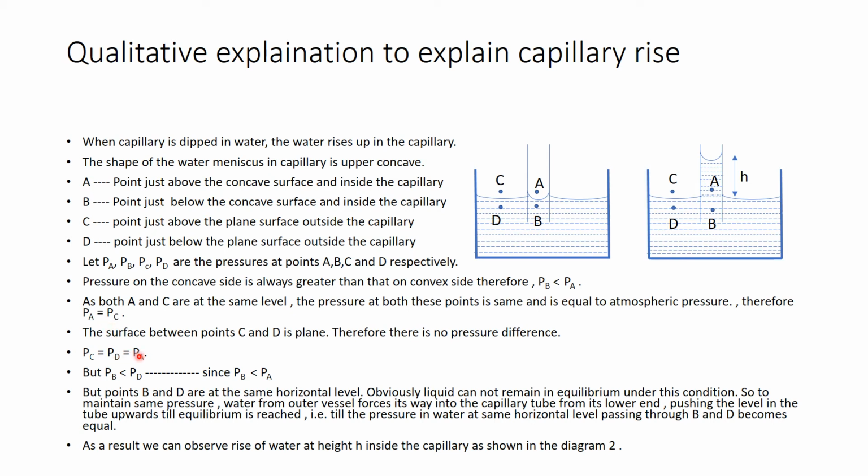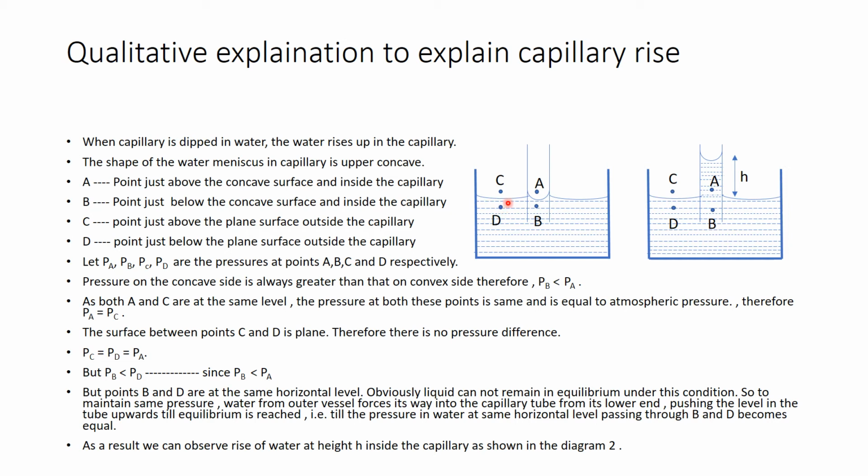Now, the surface between point C and D is plane, it is not curved. Remember, when the liquid surface is plane, there is no question of excess pressure on either side of the liquid surface. We have discussed these cases in the last video.